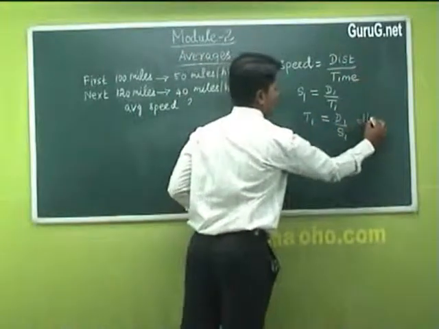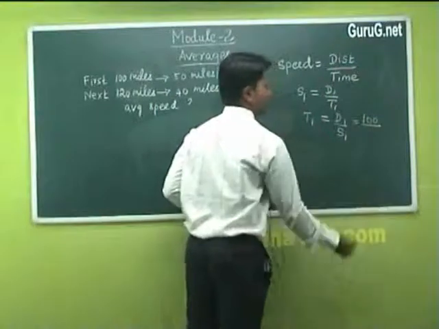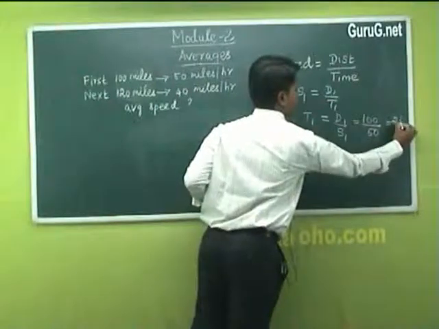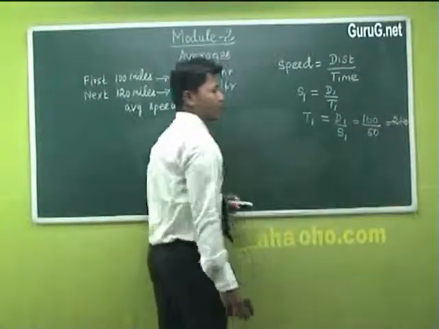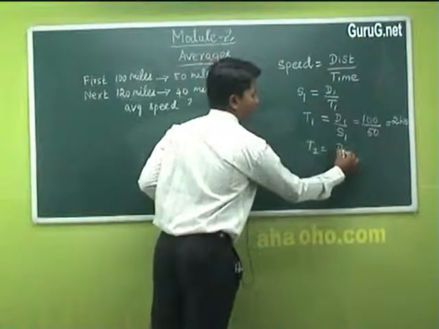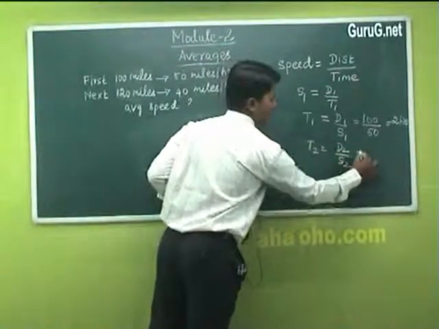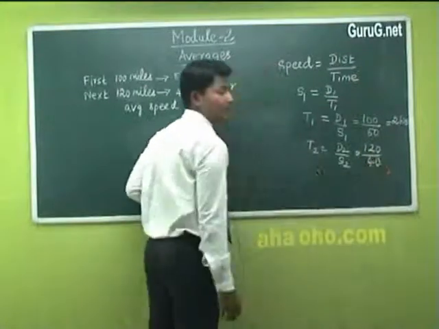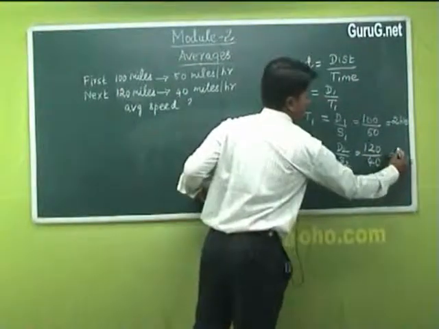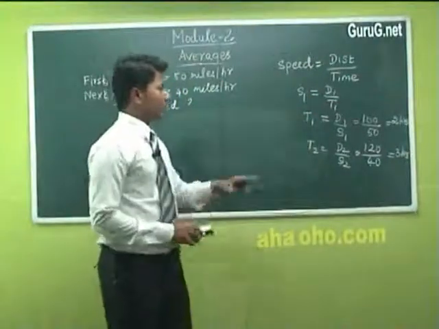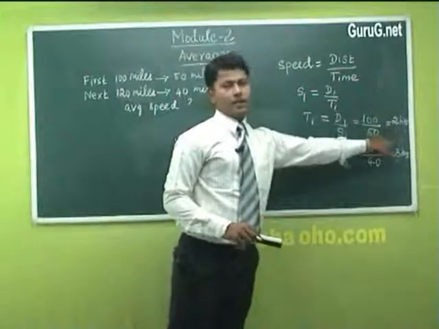That is 100 miles by 50 miles per hour is equal to 2 hours. Similarly, you can find the value of T2. T2 is equal to D2 by S2. 120 miles by 40 miles per hour, it is 3 hours. Fine. So you have found the value of time.